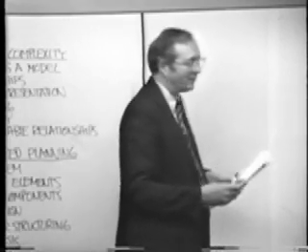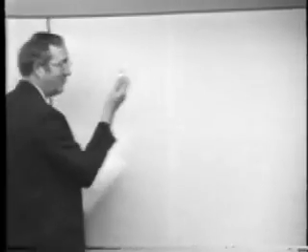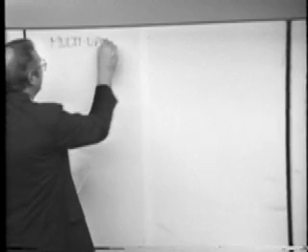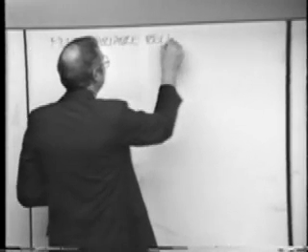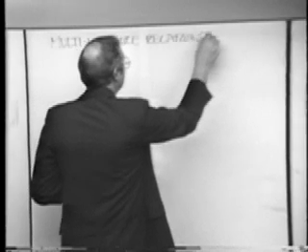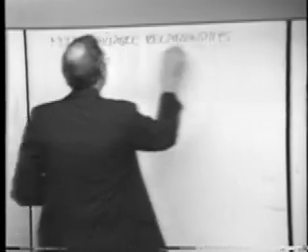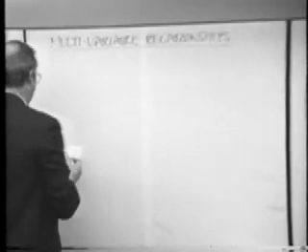So I'm going to suggest that we look at the idea of similarity. And let's start it out by putting up our title here, Multivariable Relationships. And then, under that, let's talk about similarity.